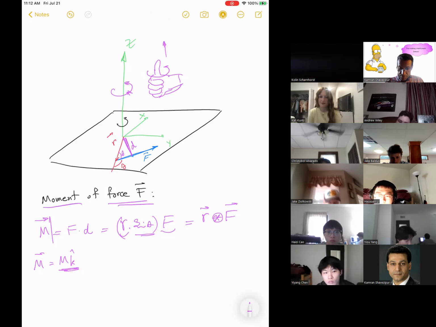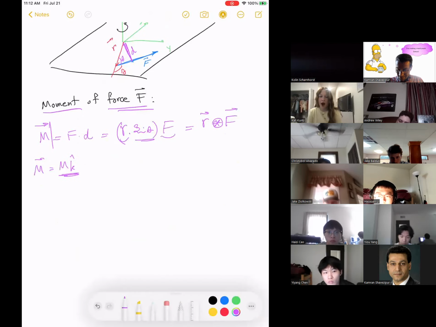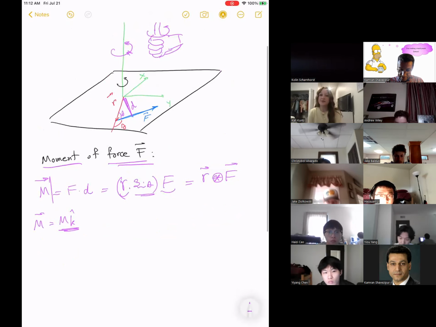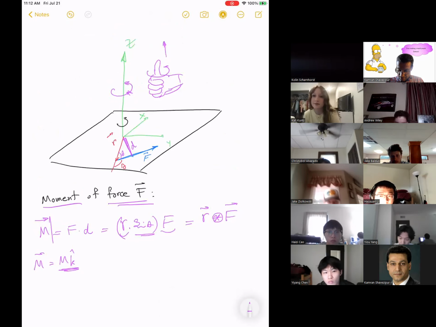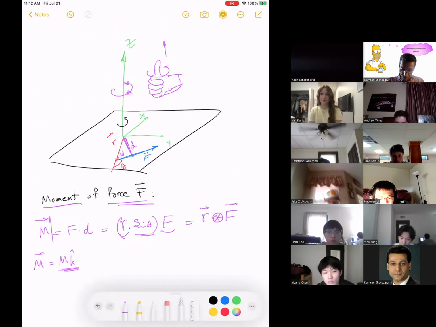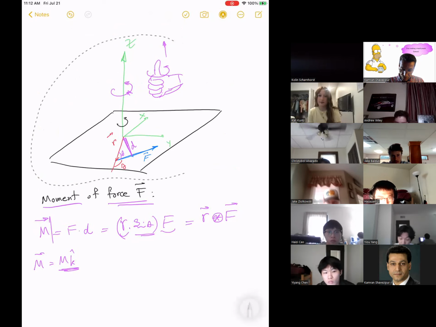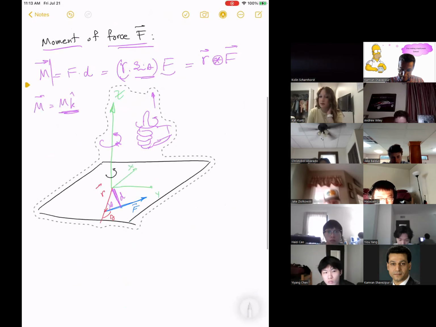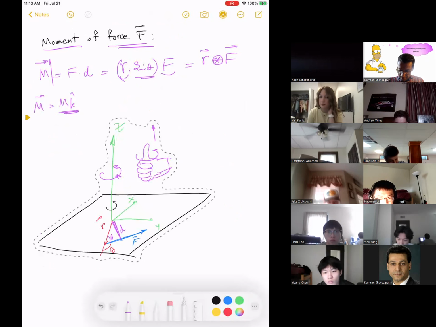Now we're going to repeat something similar for linear momentum. You know what, I'm going to use this all together to show how similar they are. I just changed the names.